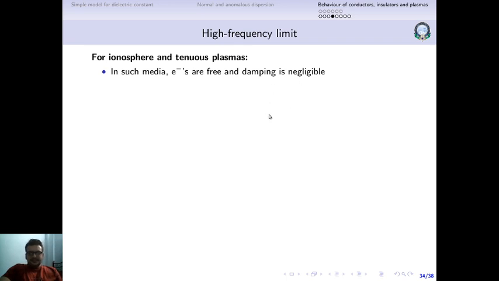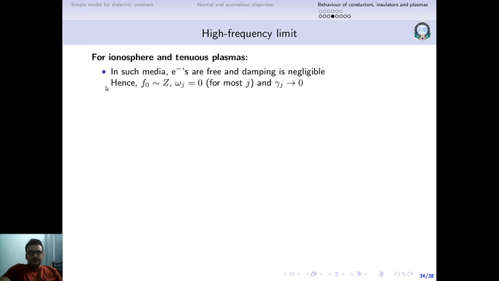So if the temperature is high, the charged particles are highly energetic, so again they do not influence each other much, and in that case also the damping is negligible. So if the electrons are free, F naught will be approximately equal to Z, and because the electrons are free, these omega j's are going to be 0 for most of the j values, and the damping is negligible, so gamma j's are also going to tend towards 0.